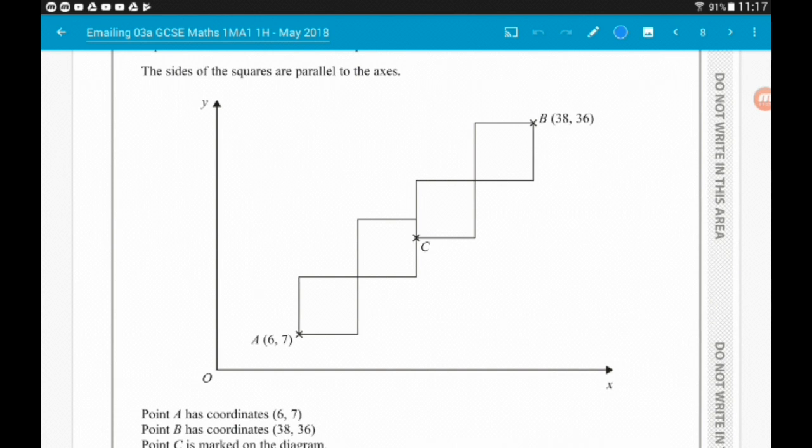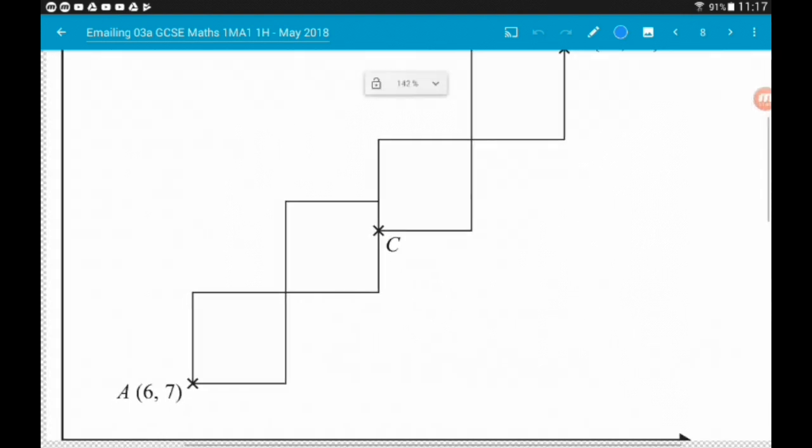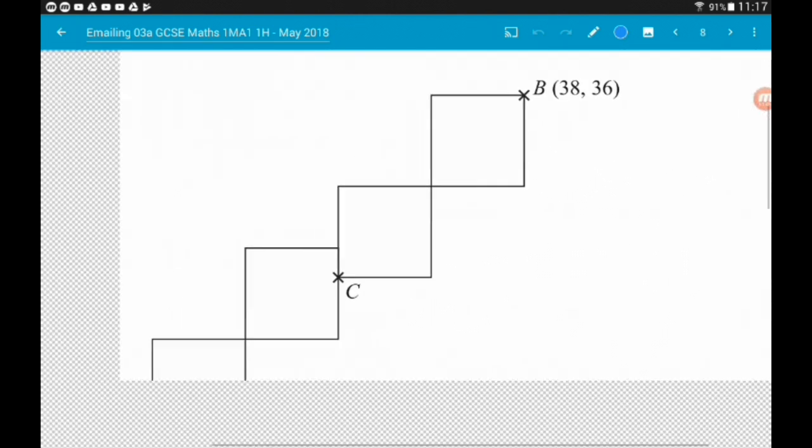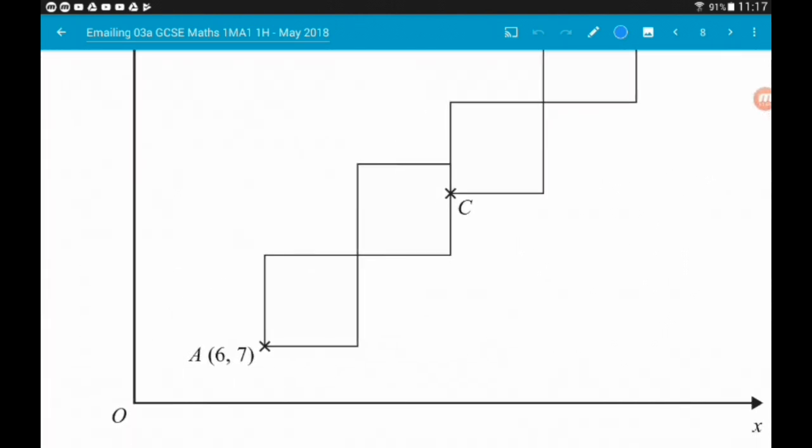Questions like this are all about processing the information that we've got. We've got 4 identical squares here. What do we know about squares? Their side lengths are the same. Now if we look at how these squares are joined, going from left to right, they are all attached so that there is no overlap between any of the squares.